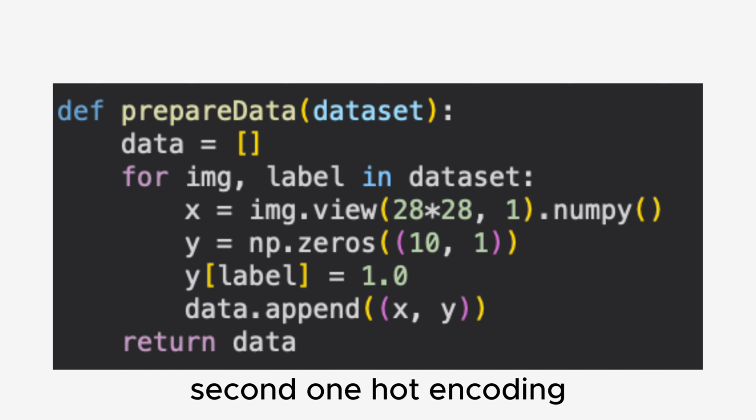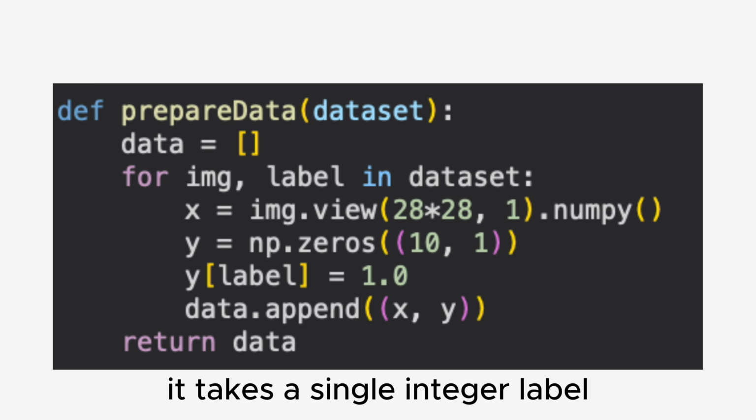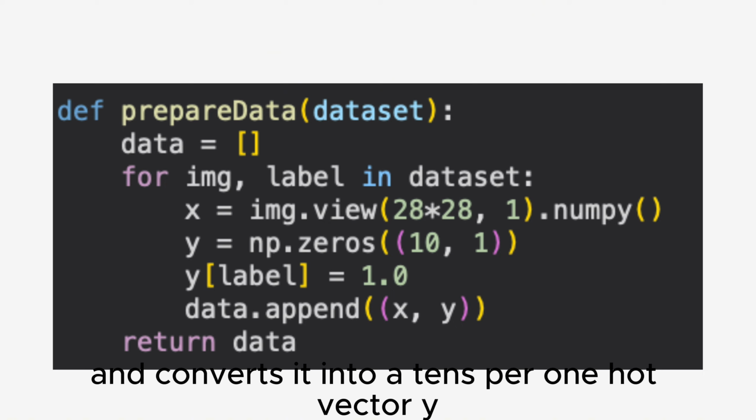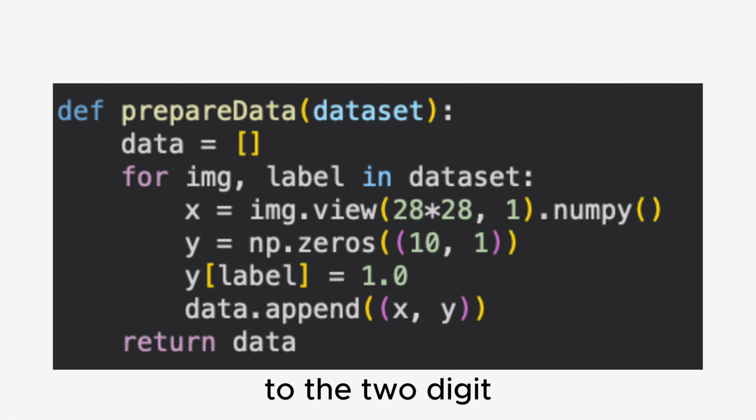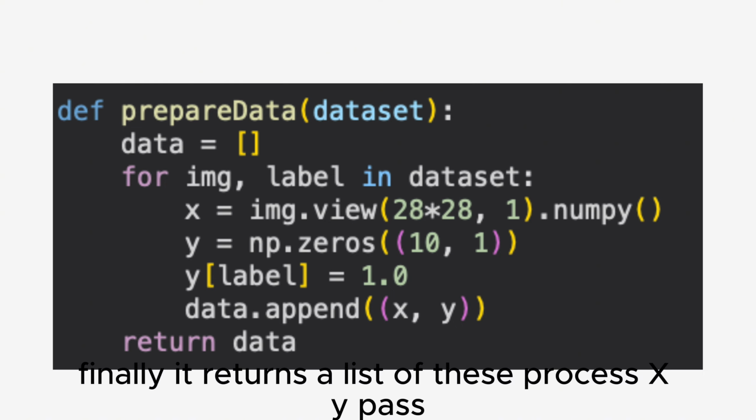Second, one-hot encoding. It takes the single integer label and converts it into a 10 by 1 one-hot vector y, placing a 1.0 at the index corresponding to the true digit. Finally, it returns a list of these processed x, y pairs.